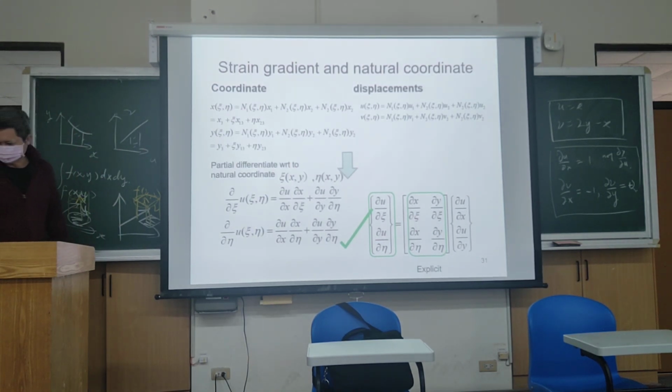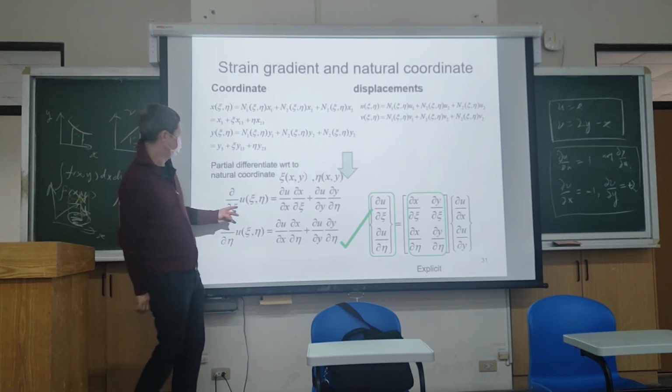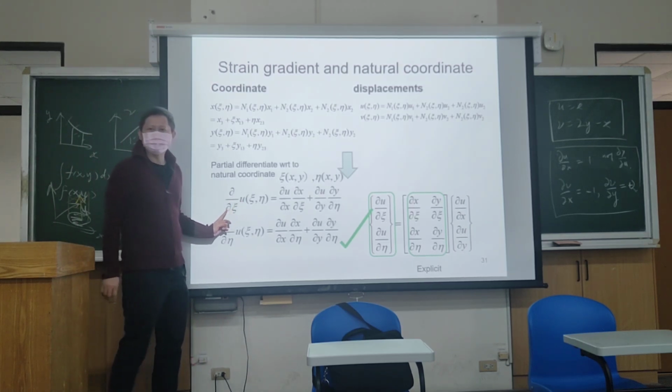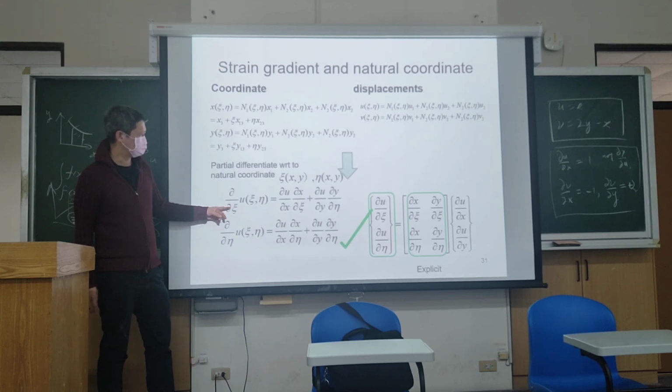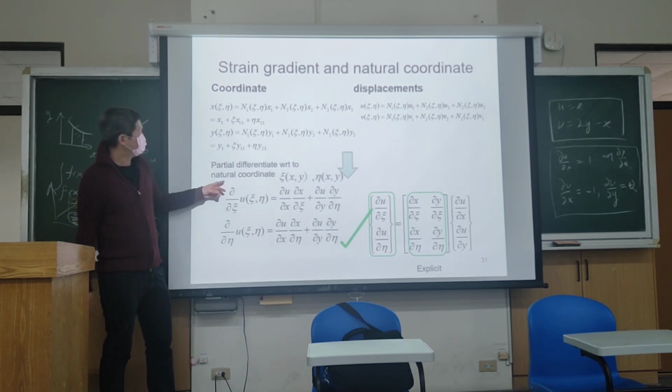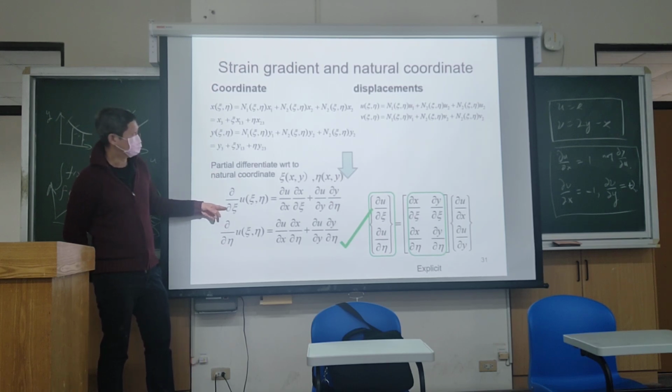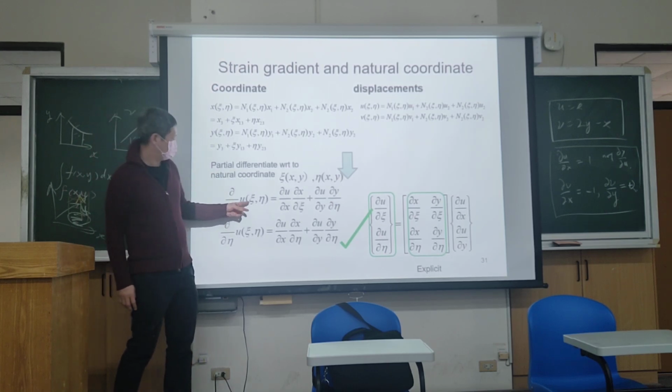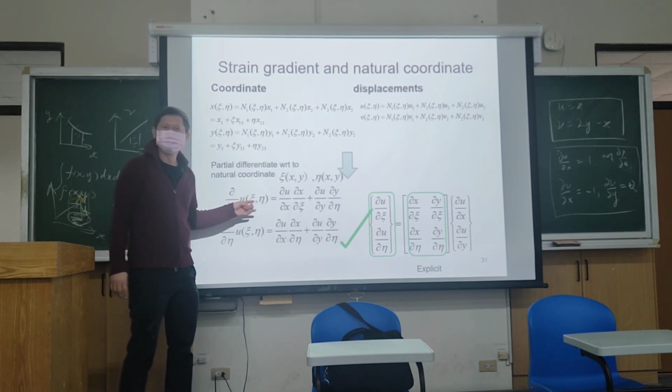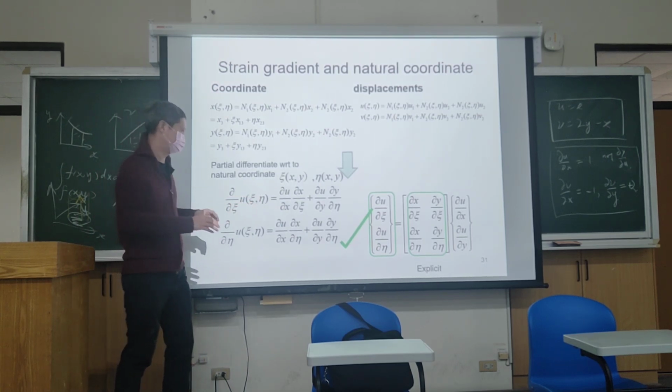What do you do? You are writing del u del psi in the calculation. In this case, del u del psi is a variable, because psi and eta are now your natural coordinates.